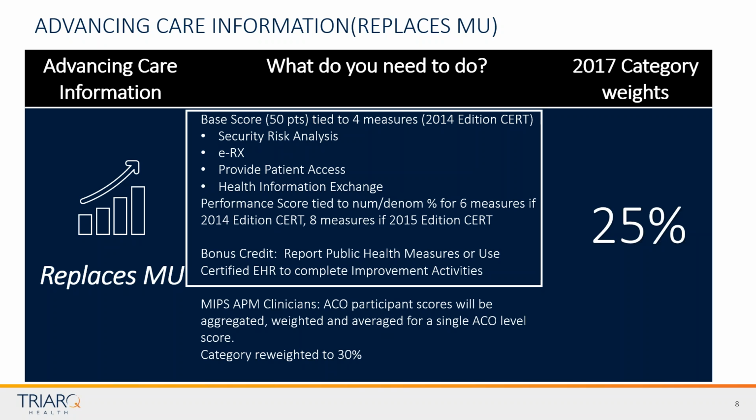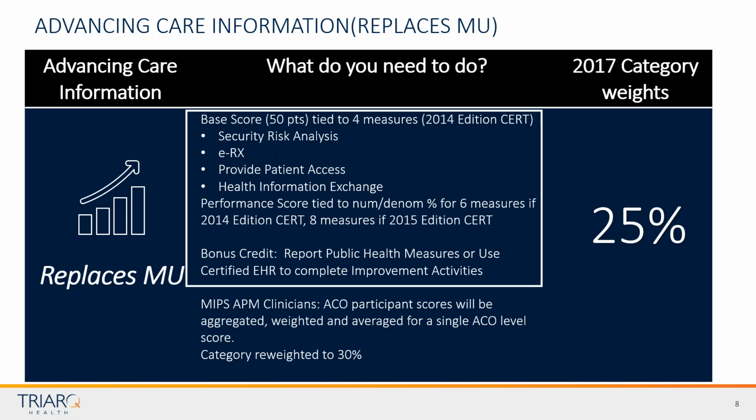So health information exchange is sort of a new label for that old meaningful use measure that was all about the summary of care upon transition of care. So you refer your patient to another provider and you send a summary of care via direct messaging. Even if that's not part of your daily routine, do it for one patient in order to meet the base score.